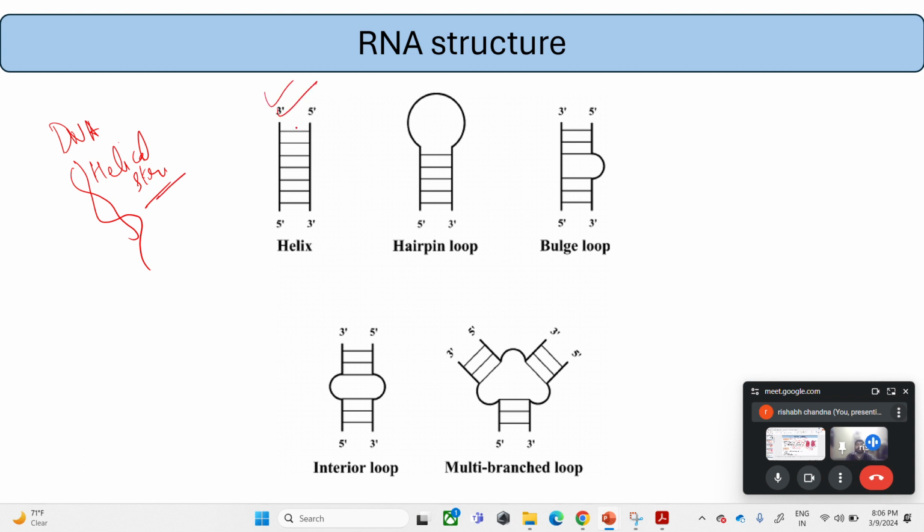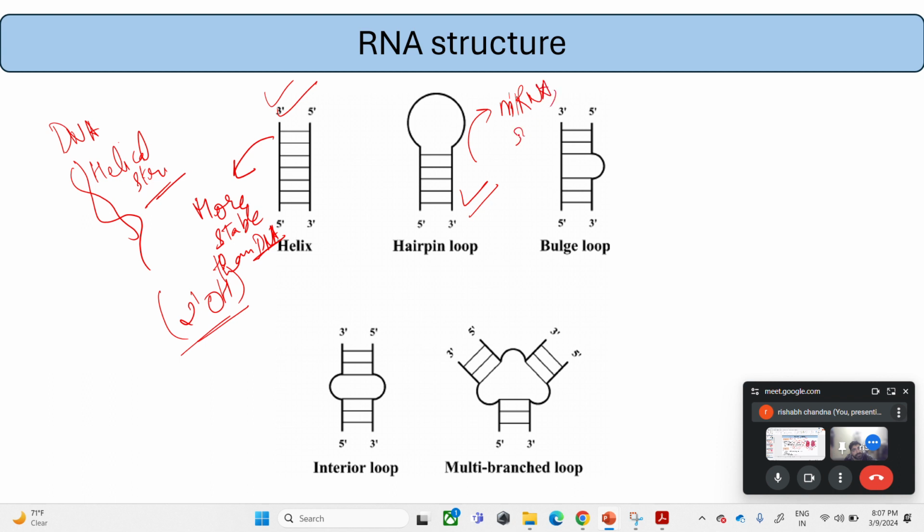RNA also forms a helical structure that is basically more stable as compared to DNA due to the presence of the 2' OH. Now there are also different kinds of structures that are formed by the RNA. Like this is the hairpin loop that we generally see during the microRNA and siRNA production.